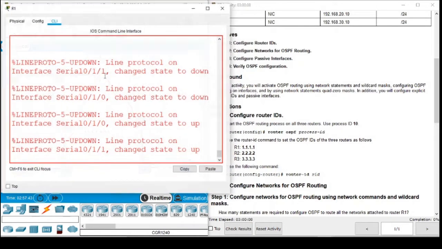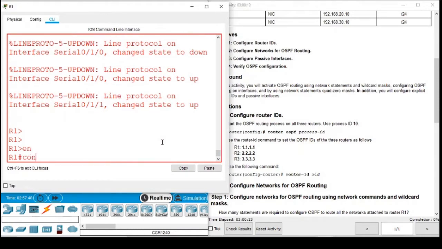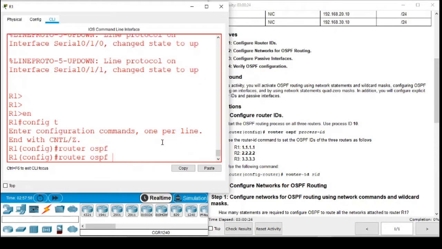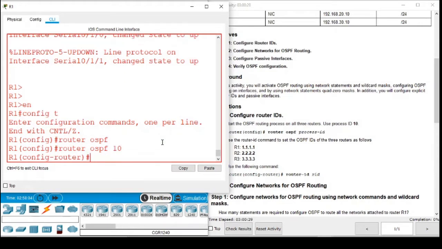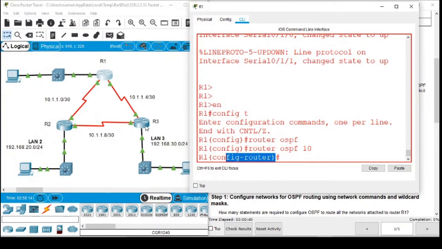Start with router 1. I double click router 1, this is the user mode, enable, config t, and then we enable the OSPF process. The command is router ospf and the process ID number. In my case I am using number 10. This is the first command to enable the OSPF process. Notice that the mode has changed and you have entered the configuration mode. Similarly, the same command has to be run on both other routers, because we have to enable OSPF on all routers.